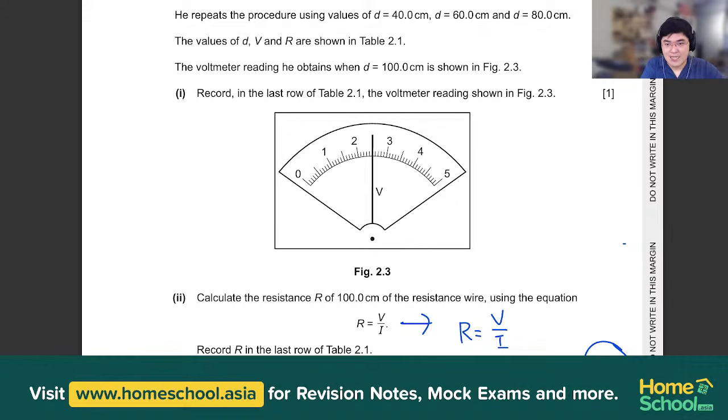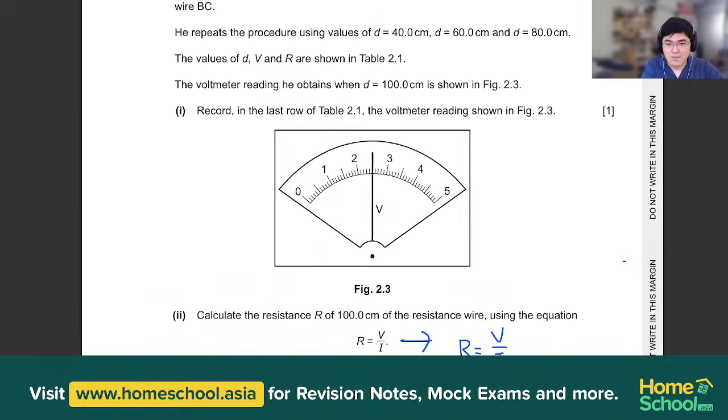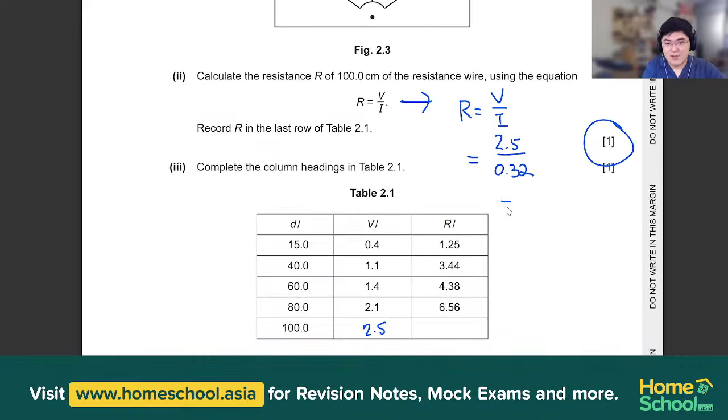So once again, let's take V, which is 2.5, divided by the reading of I, which is 0.32 over here, and doing some final calculations using the calculator, you shall get 7.81425 and so on. And of course, once again, we want to follow the number of decimal places.